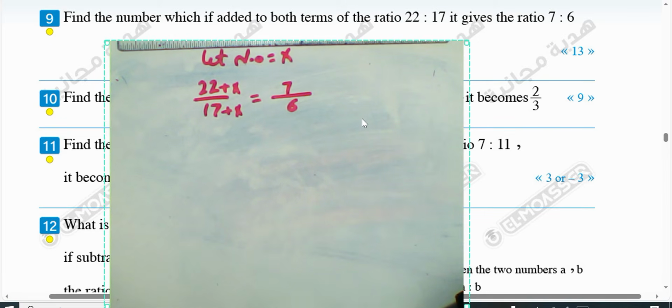Now I will use the properties: the product of extremes equals the product of means to find the answer.